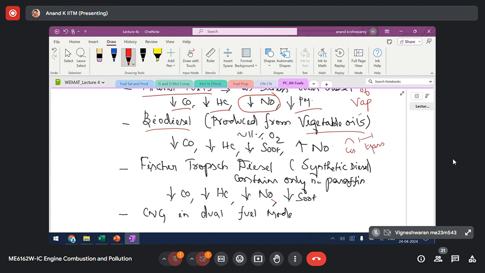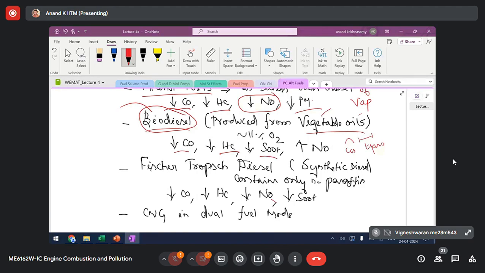So you have to dispose oil. So you have a large disposed oil that you can convert into this fuel by doing chemical treatment. By chemically treating this waste vegetable oil, you can convert it into a useful fuel, biodiesel. Advantage in using biodiesel from an emission reduction perspective is you can bring down CO, HC, soot.